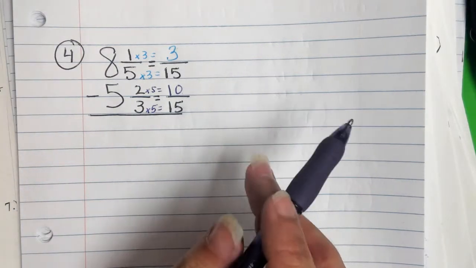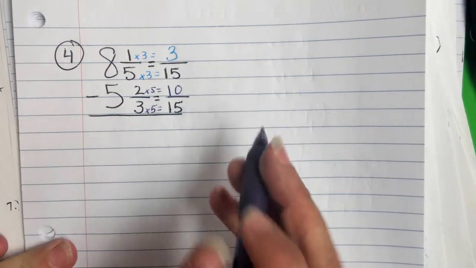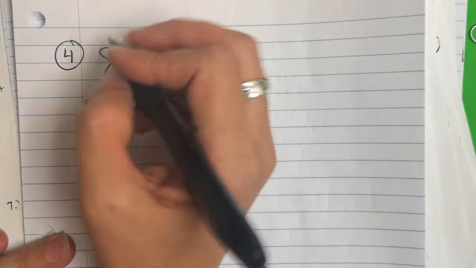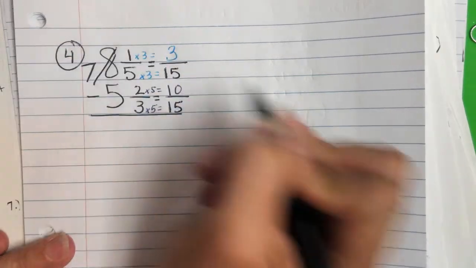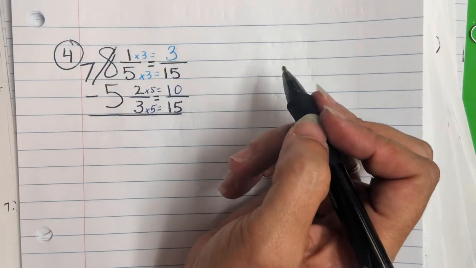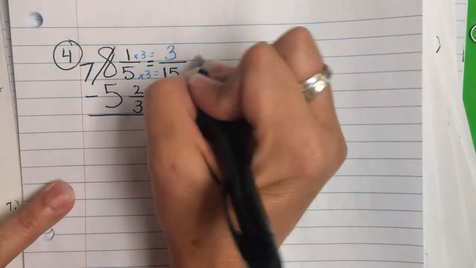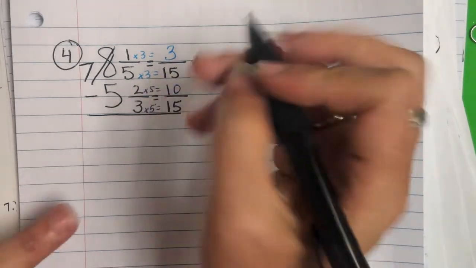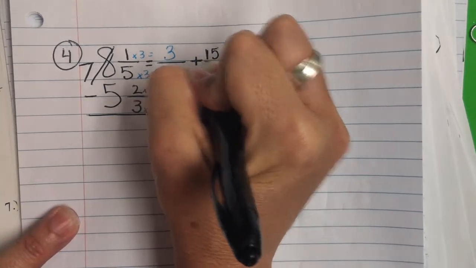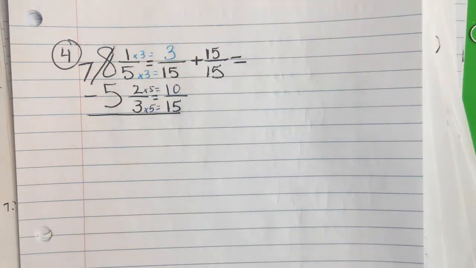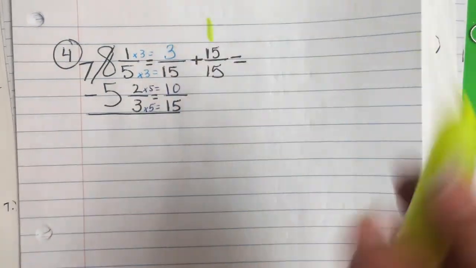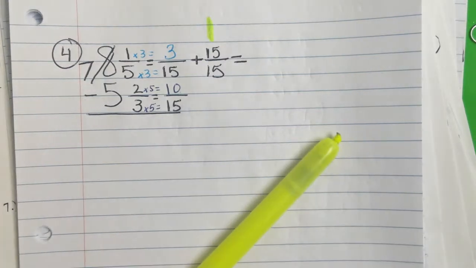So, Joelle, what do you think we do? You have to borrow from the whole number. You got it. We're going to borrow from the 8, make it a 7, and the 1 we borrow is going to be added to the top as 15/15ths. That is 1. It is just cut up in 15 slices.